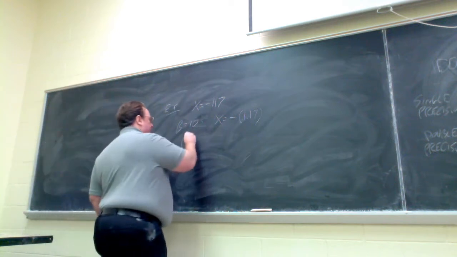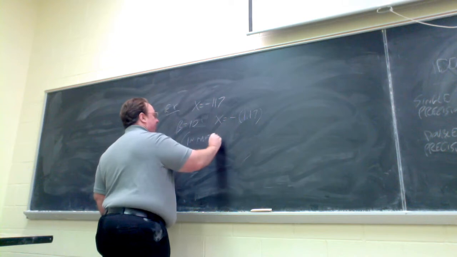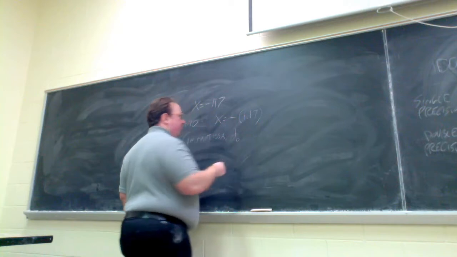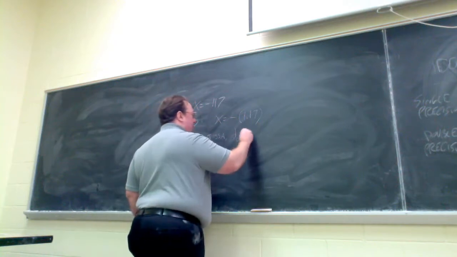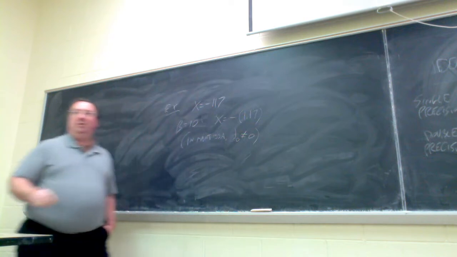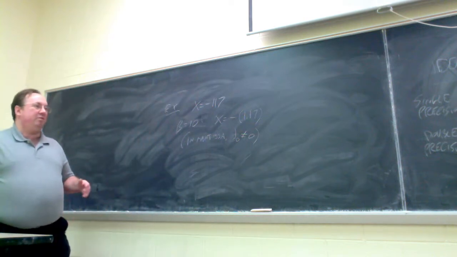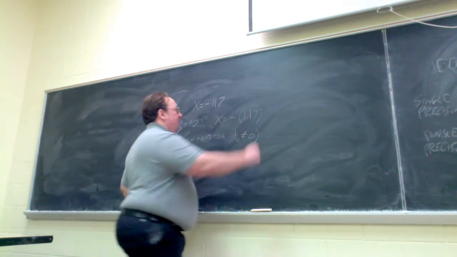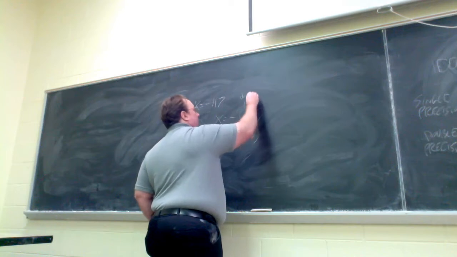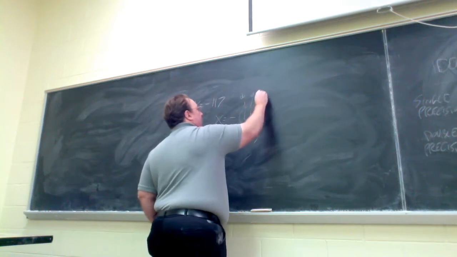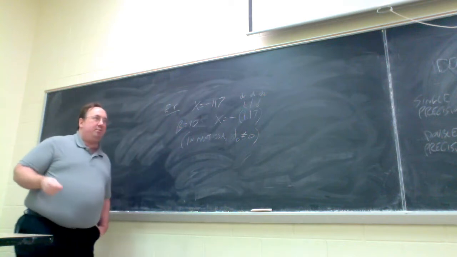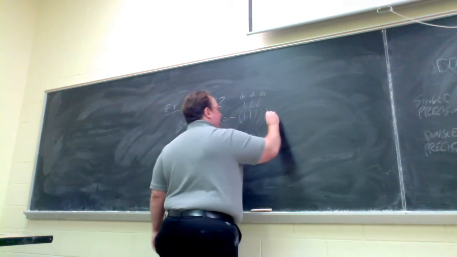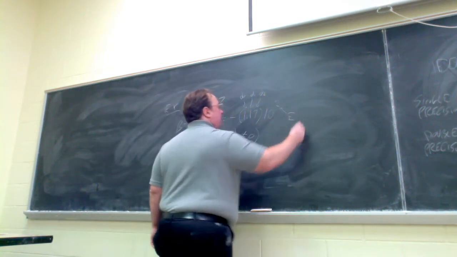In the mantissa, the leading digit, d0, corresponds to the base to the 0 power. That must not be 0, because otherwise you're wasting a digit. So your leading digit has to be non-zero. Here this is your d0, d1, and then d2. However much precision you have in your floating point system, these are the only 3 digits needed to represent this number. Then your base is 10, and your exponent is 2.